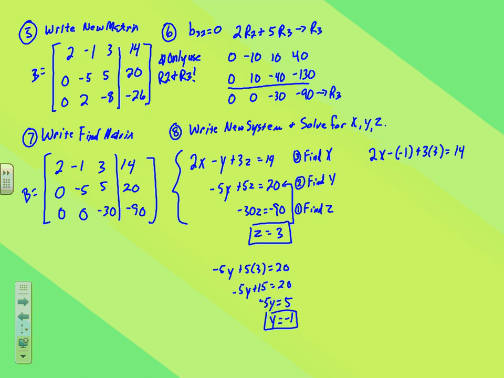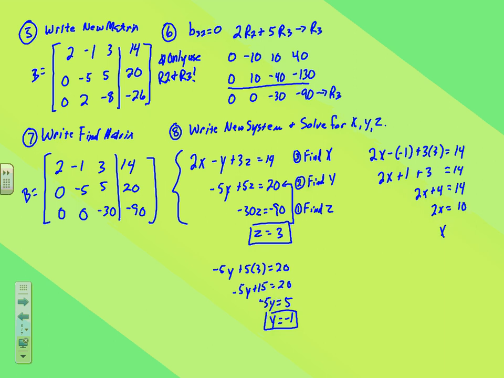So now let's go ahead and solve this guy out. So that'll give me 2x plus 1 plus 3. So that gives me 2x plus 4 to be equal to 14. So that means 2x is equal to 10.